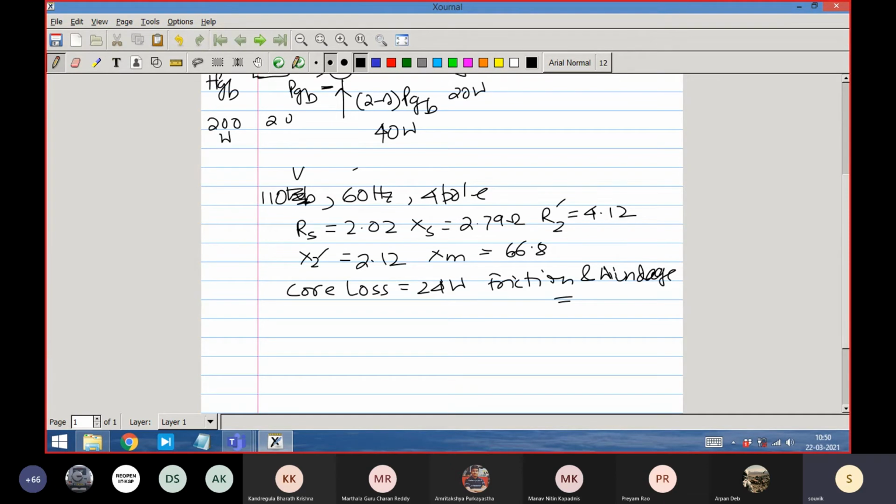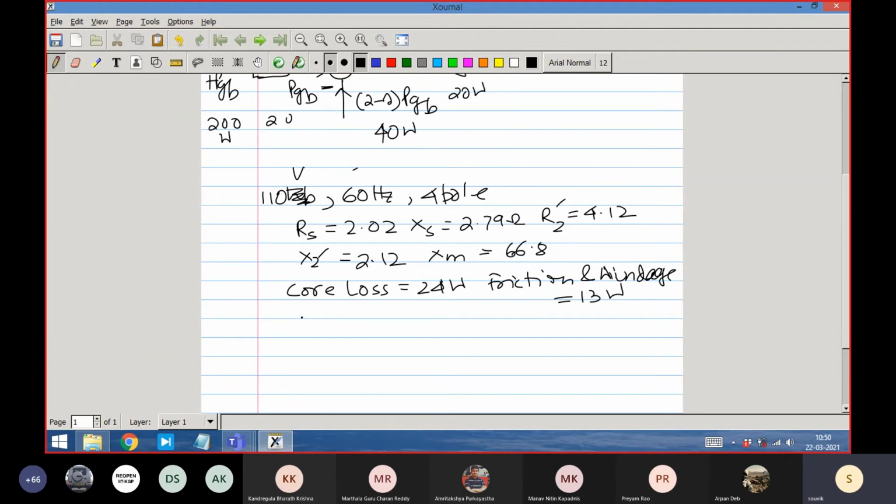This is a 110 volt machine, so this is a single phase supply. It's an American machine, so American machine means 110 volt supply. Their single phase supply system is 110 volt, and the frequency is 60 hertz.